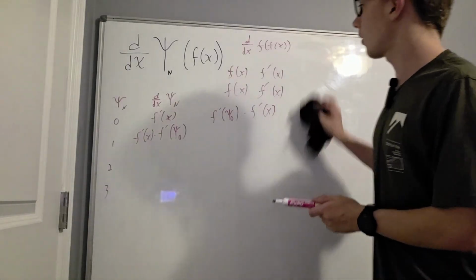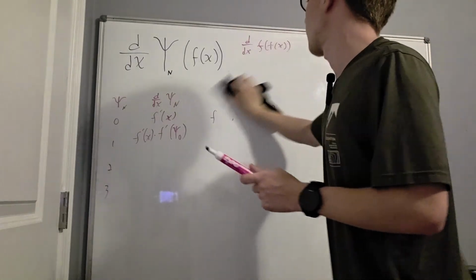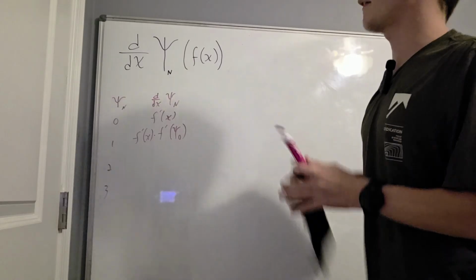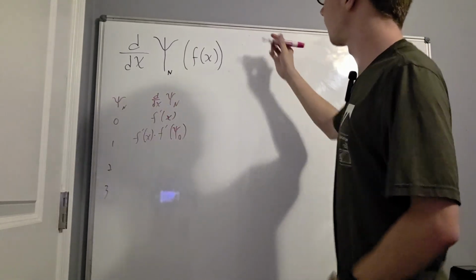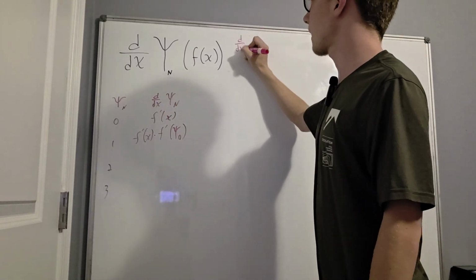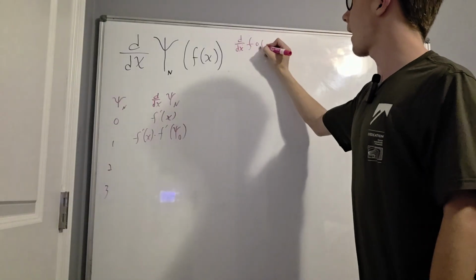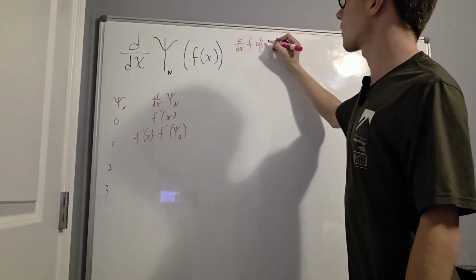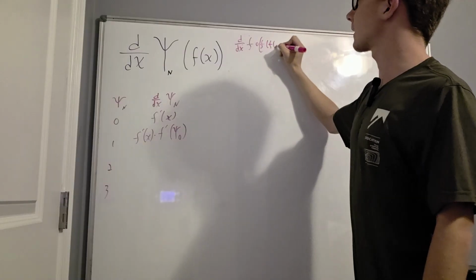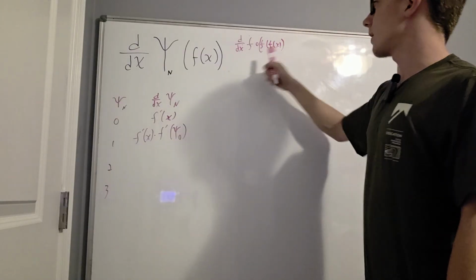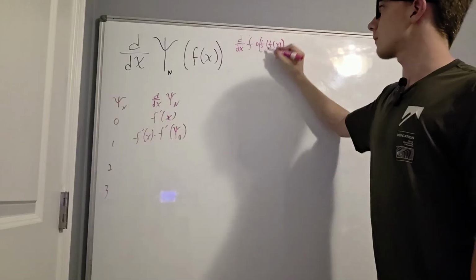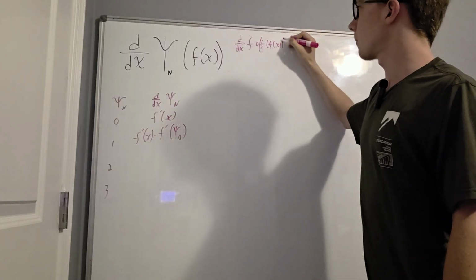So now I'm going to go to the derivative with respect to x of f of f of x, which is f of psi 1 of x. I did this wrong.